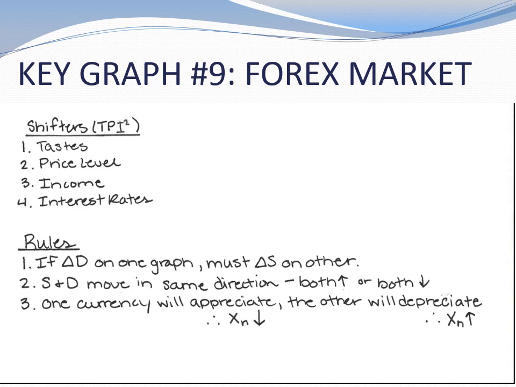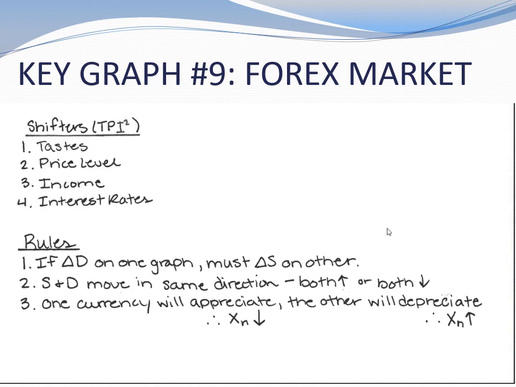Income. Remember that income also can mean GDP, both your personal income but also national income. So that means that anytime you see a change in either individual income or in the nation's income as a whole, so the nation's economy is growing, then they are going to be wealthier than they were before.